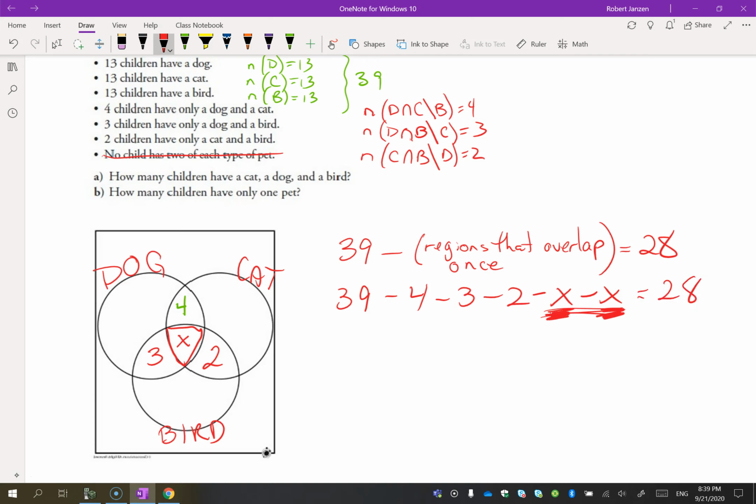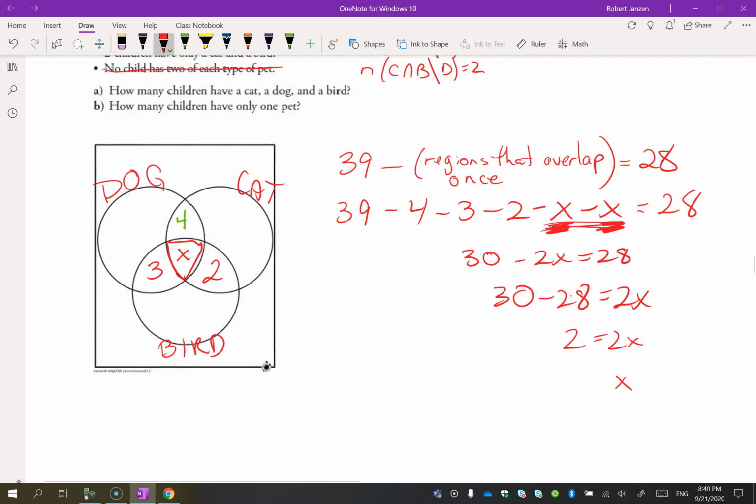So doing some algebra here, we get 30 take away 2x is 28. And so you get 30 take away 28 equals 2x. So 2 equals 2x, and if I divide both sides, I get x is 2.